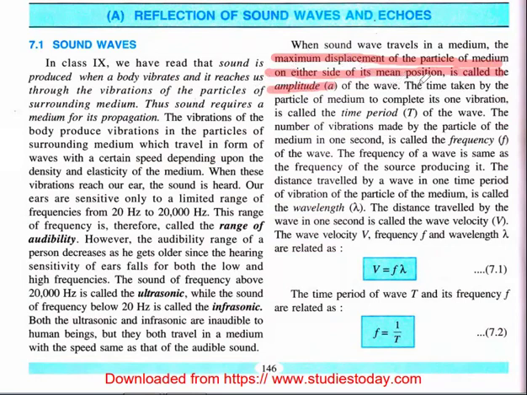The time taken by a particle of the medium to complete one vibration is called the time period. The number of vibrations made by a particle of the medium in 1 second is called frequency.